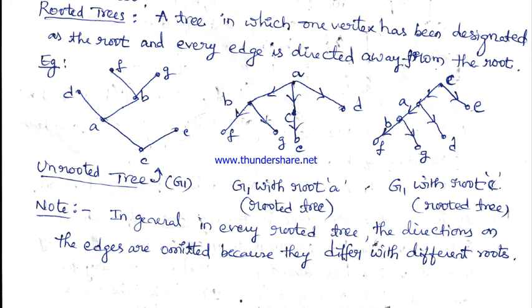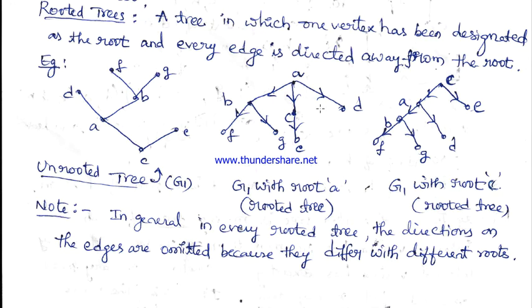So what we have observed here, corresponding to any tree basically, when we choose a vertex as a root, any vertex, and every edge is directed away from that root, we can have different possible rooted trees.